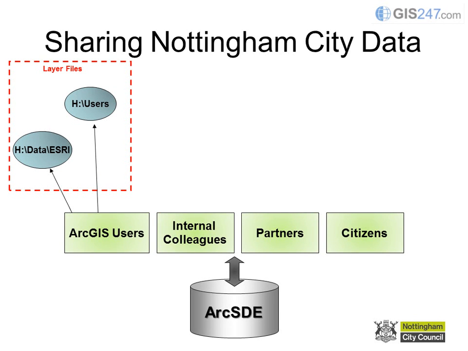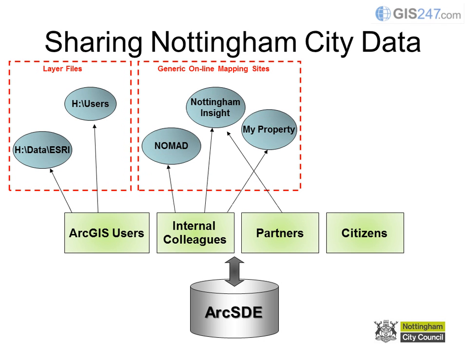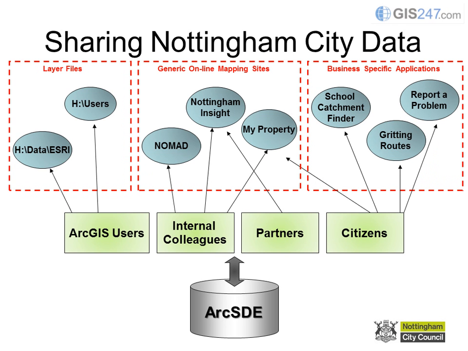Also, GIS data is used in both internal and external applications, for example Nomad mapping, Nottingham Insight and My Property mapping sites. Data is shared through other business-specific applications, such as the School Catchment Finder for those citizens looking to identify their catchment school, Report a Problem for citizens reporting on antisocial behaviour via the Internet, and the Gritting Routes.